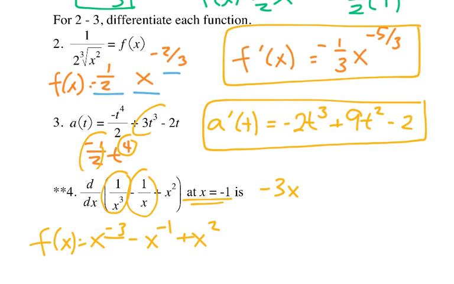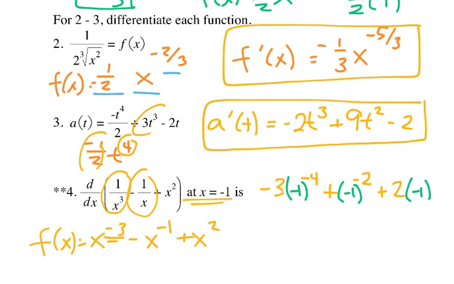If I subtract 1 from negative 3, I get negative 4 minus, and then negative 1, I'm multiplying negative 1 out in front, and so I'm going to have a negative times a negative. So it's going to leave me with plus x to the negative 2, and then plus 2x to the first. And now I'm going to plug negative 1 in every place I see an x.